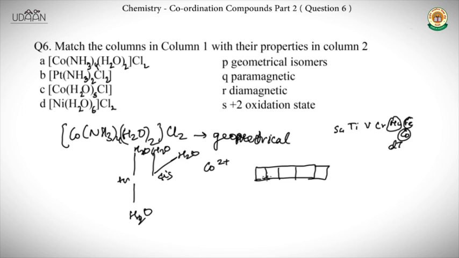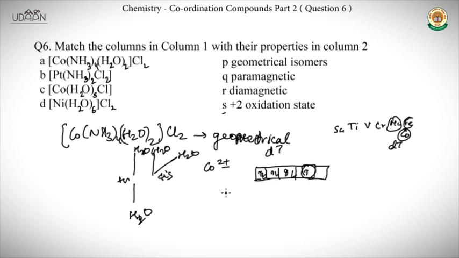We can now find whether it is paramagnetic or diamagnetic. We know that it is paramagnetic. Option S is also valid for this because it is in the 2+ oxidation state, and we have d7. So we have 2, 3, 4, 5, 6, 7.